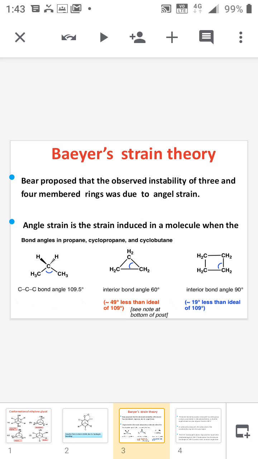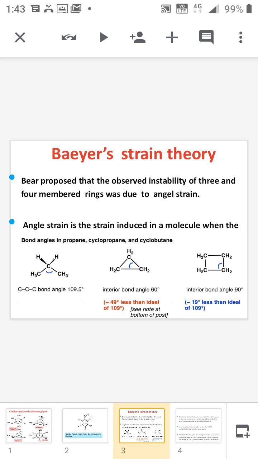And in cyclobutane the bond angle is 90 degrees, that means it is less than that of the ideal tetrahedral bond angle. So the angular strain is the strain which is induced in a molecule when the molecule deviates from the tetrahedral bond angle of 109.5 degrees.